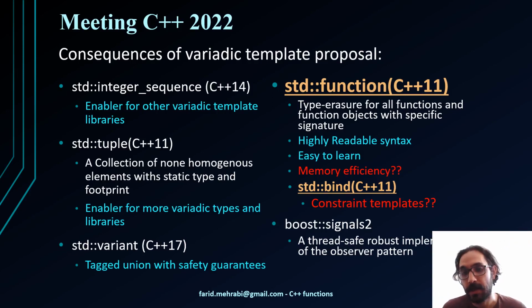The reason is the problem with constraining such variadic templates for functional programming. Finally, the Boost signals library is the implementation of the observer pattern we were seeking. One of the major contributors of this library is the original proposer of the variadic templates proposal.